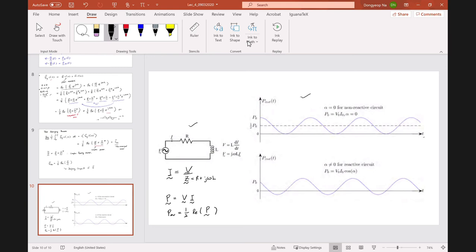This illustrates time versus the time varying instantaneous power. So the power is always positive, based on the time averaged power. Because power is positive, that means this resistance always consumes the power. That power is pumped by a voltage source.